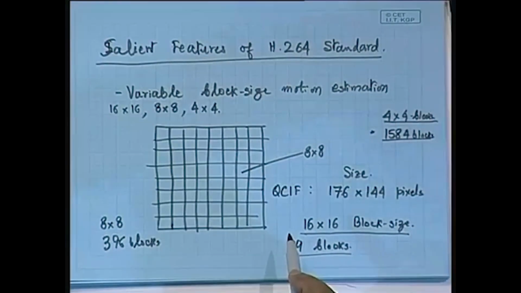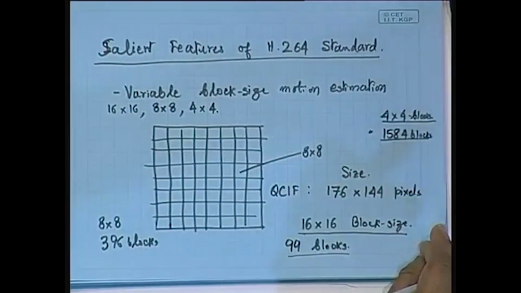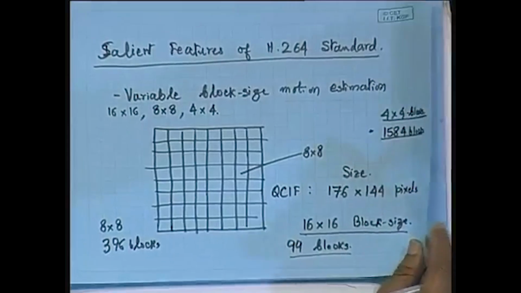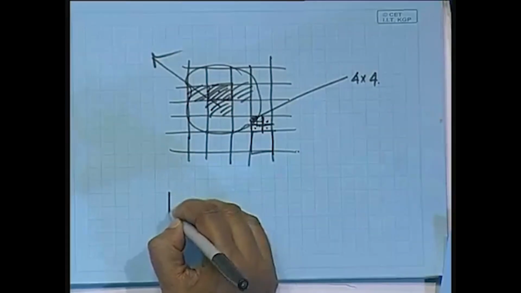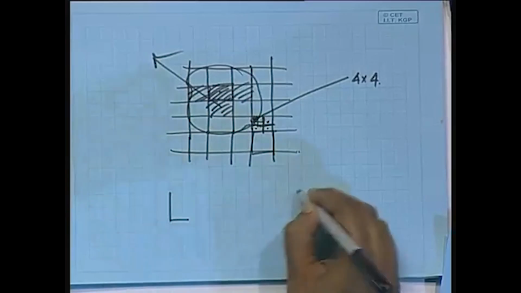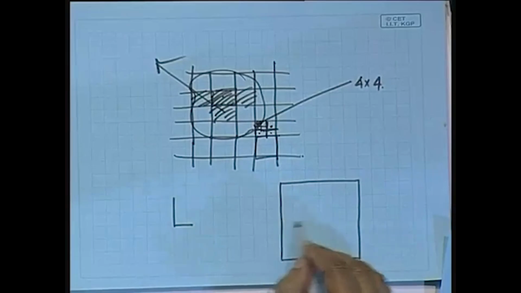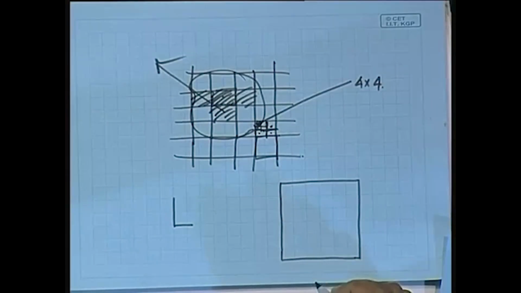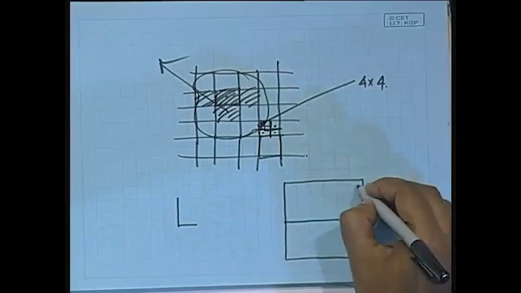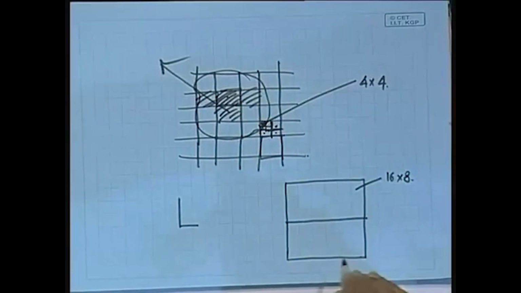So, it is variable block size motion estimation, and not only that, the H.264 standard has so much flexibility that whenever you have a 16 by 16 block size, let us say this is a 16 by 16 block, I can not only subdivide this into 4 sub blocks of 8 by 8 and have 4 motion vectors, I can also say that for this 16 by 8 there is one motion vector, and for this 16 by 8 there is another motion vector.